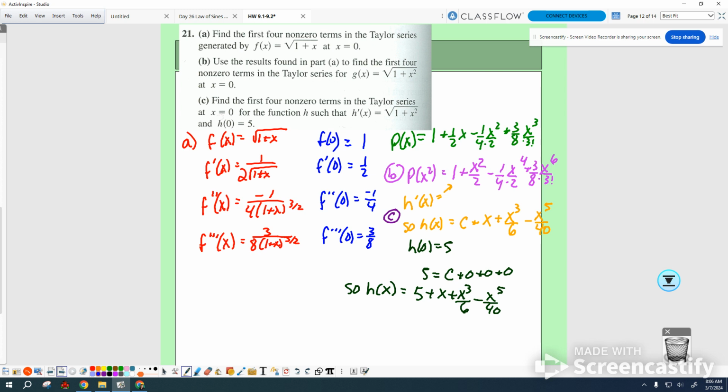Sorry. Anna, which question? 21B. 21B. I have 4 or 5 of these problems written up, color coded.